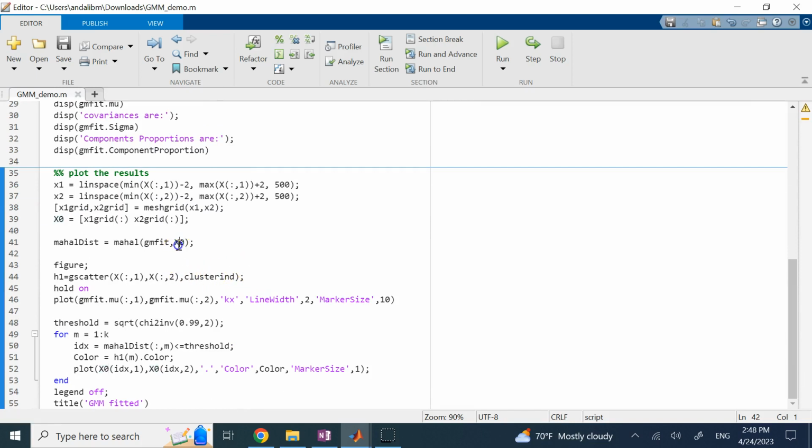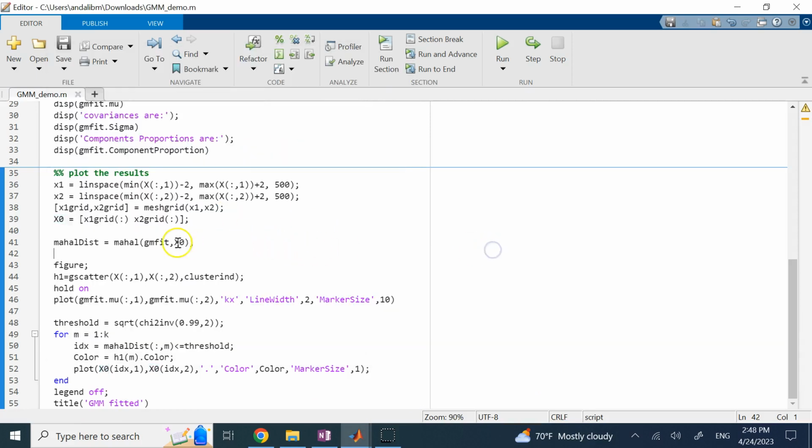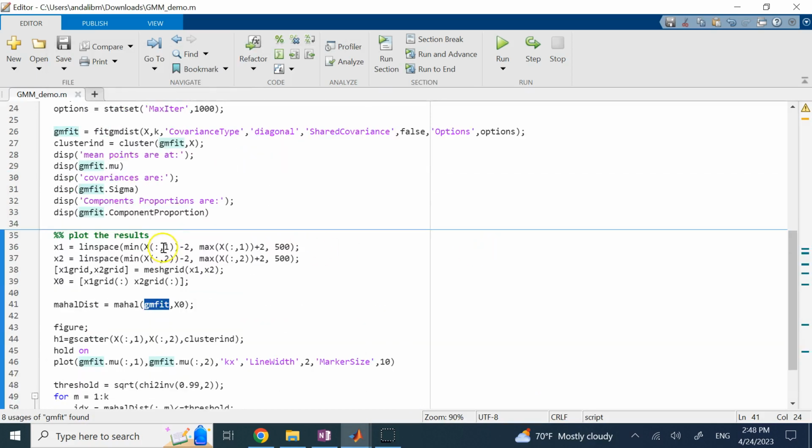Then you pass all of these data points, x naught, which are way more than the original data, with the fitted model to the function called mahal, and this is the Mahalanobis distance, which I discussed in one of my earlier videos. And this is the distance from a point to a distribution.